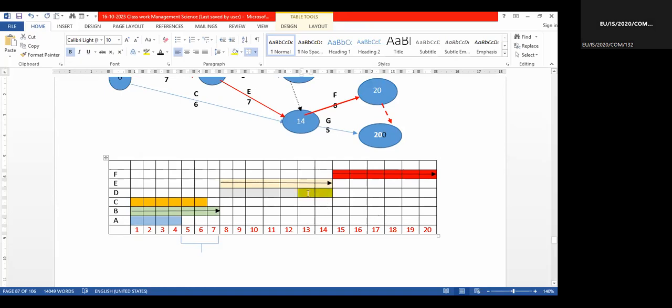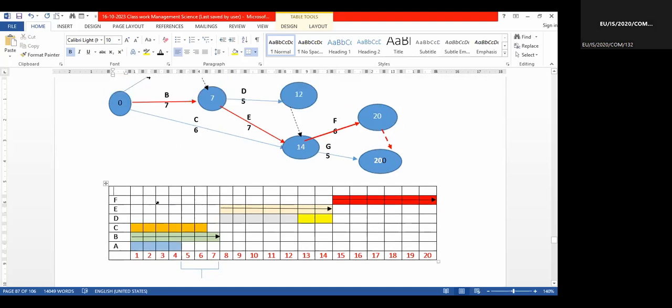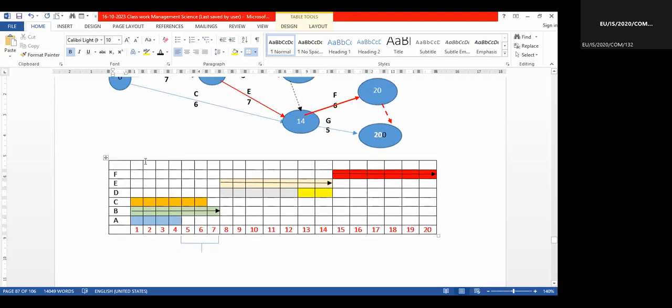The yellow shaded, now I have shaded. Right? We failed to draw one activity. What is that activity? Activity G. Activity G, how many days required? 5 days. So it's starting from here, 1, 2, 3, 4, 5 days.